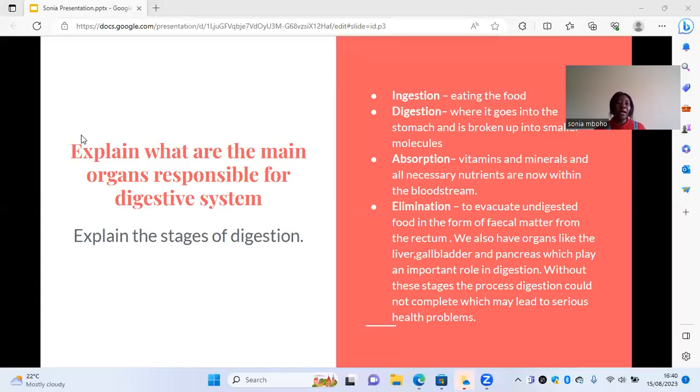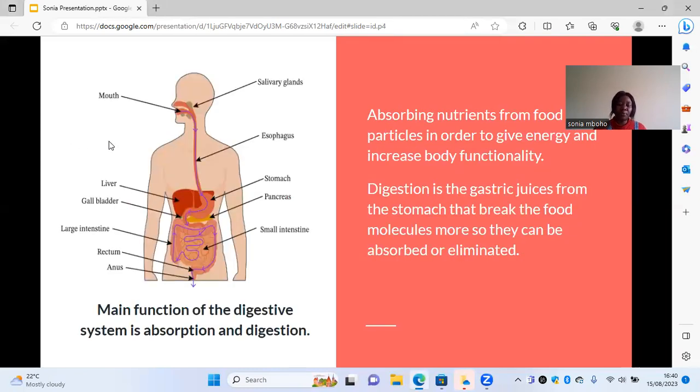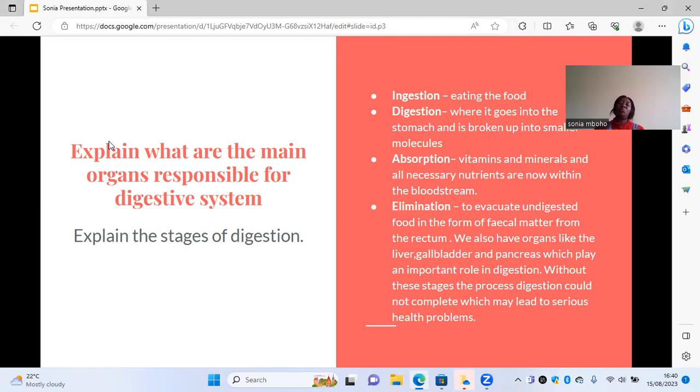So I'm going to share the screen with you. We are going to look at the stages of digestion, which are ingestion, the process where we eat food, and then digestion, which takes place in the stomach, where the food is broken into small molecules, and absorption, where vitamins, minerals, and nutrients get into the bloodstream. Lastly, elimination, where undigested food is eliminated in the form of feces through the rectum.